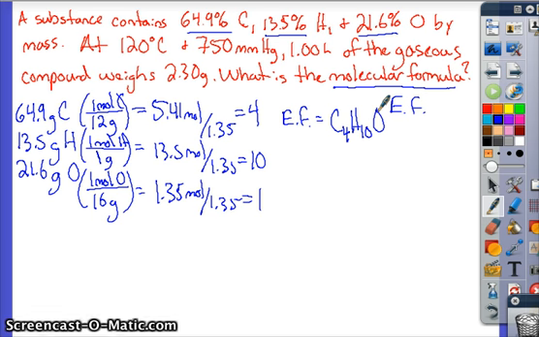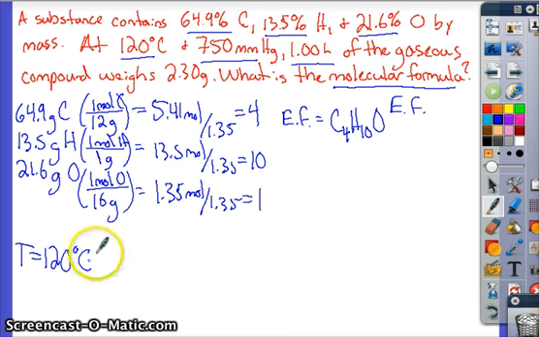The problem's asking for the molecular formula of our gaseous substance. Knowing that we have a gaseous substance and we only have a temperature, a pressure, and a volume, we can determine the number of moles. We're given a temperature of 120 degrees Celsius. Remember that when we're using PV equals nRT, we have to have an absolute scale, so we can't go below 0.